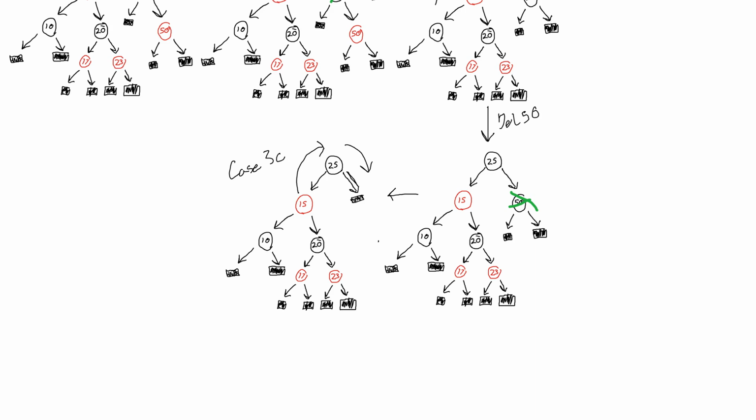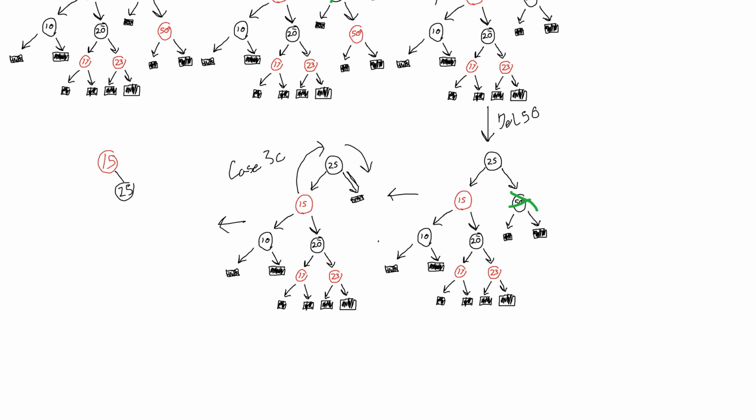Right? So when we rotate right around the parent, we're going to get a new tree that looks something similar to this. So again, remember, because we're rotating right, the parent's left child will take the place of the parent. So 15 is going to come up and become the new root here. And then 15's right child is going to become 25, which was the old parent.